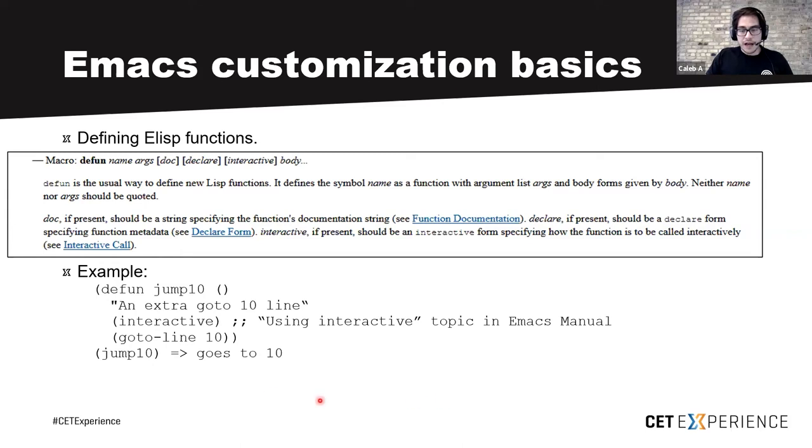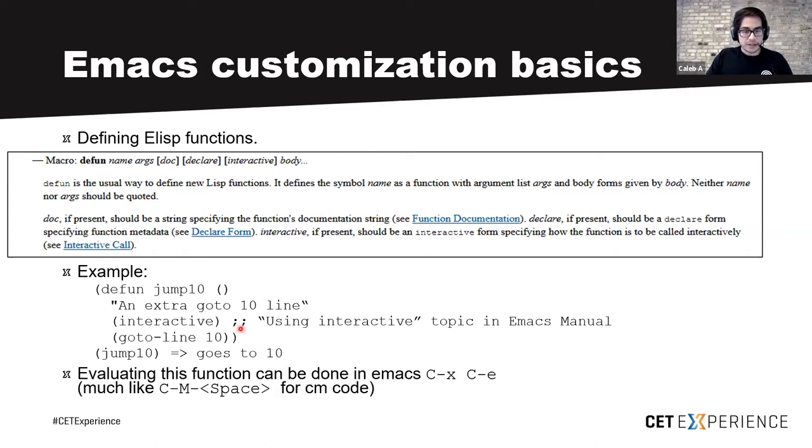So after I define the function in an EL file, I want to load it into Emacs. You can actually evaluate this by putting your cursor after the last parenthesis of the defun, and then you would execute Control-X, Control-E. This is a lot like running a line of code within CIDER with that Control-Meta-space.